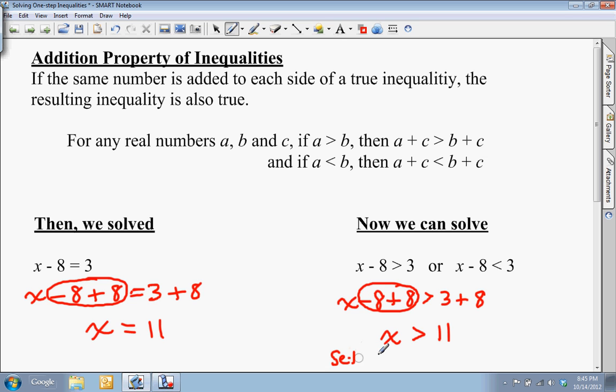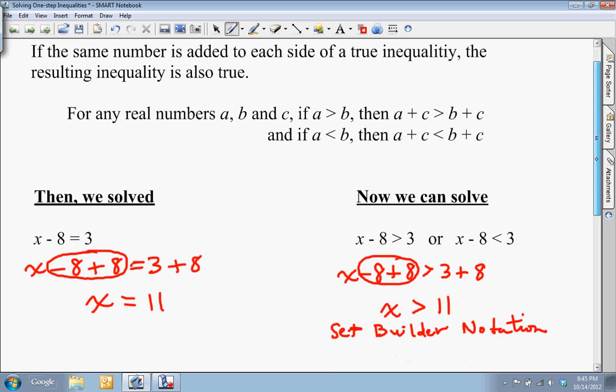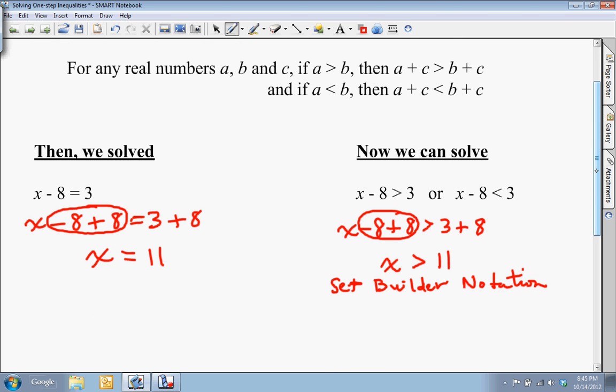And we actually will use set builder notation in order to correctly identify that answer. So all values of x for which x are greater than 11.